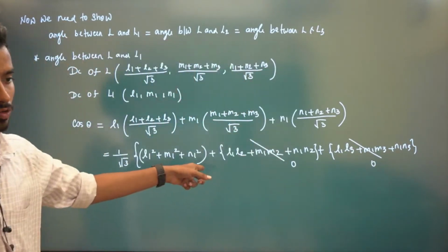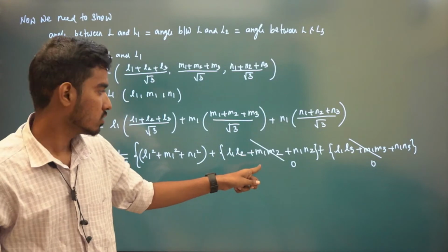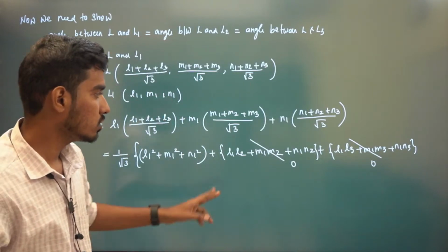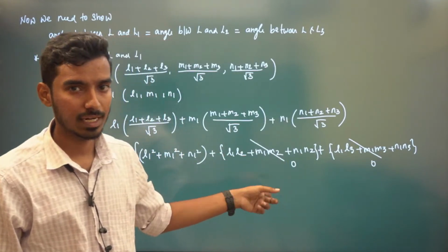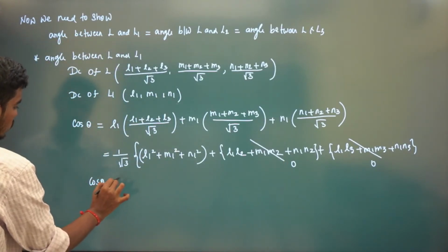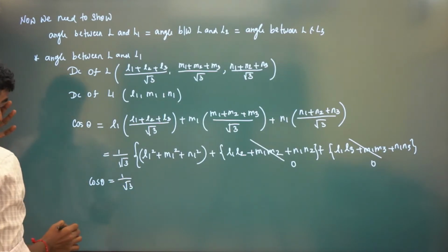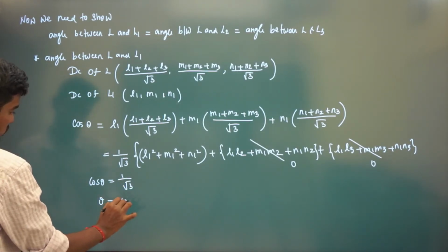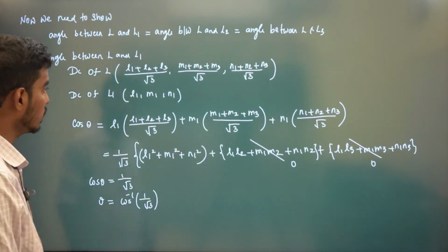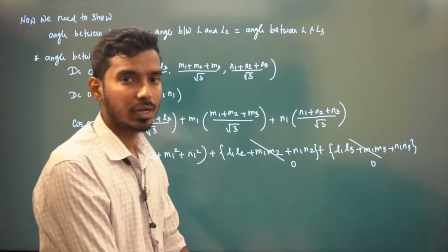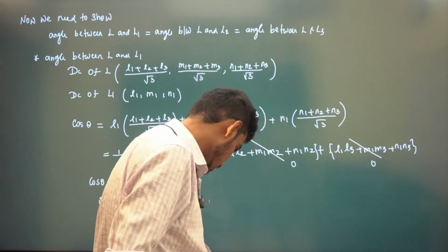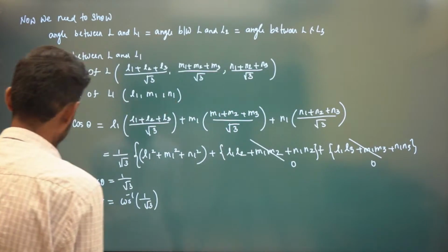This is nothing but the angle between L1 and L2, and this is the angle between L1 and L3. We know they are mutually perpendicular, so cos 90 will be 0. This is again 1. So we have cos theta is equal to 1 by root 3. So theta is equal to cos inverse of 1 by root 3. Similarly, you find the angle between this and this and this, and you will get all of them equal to cos inverse of 1 by root 3.